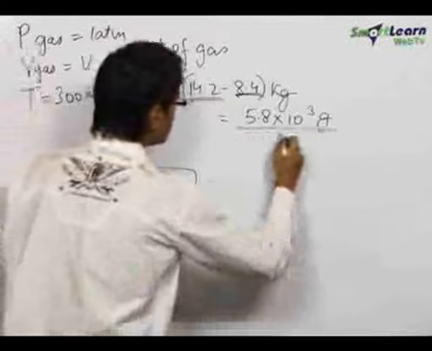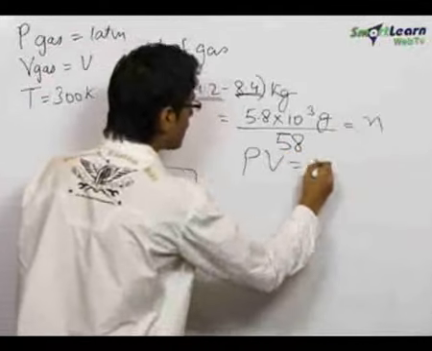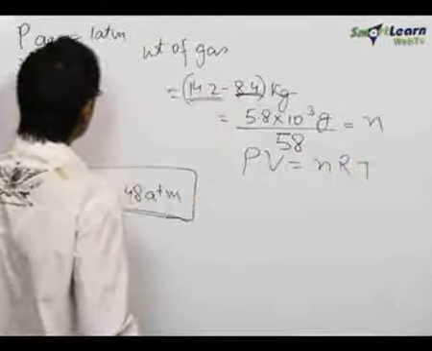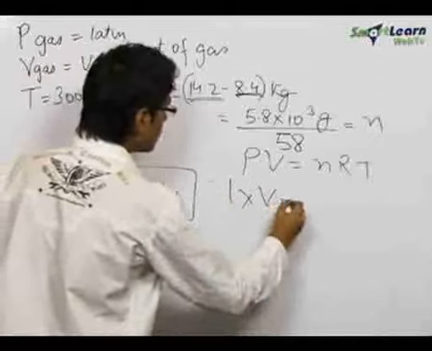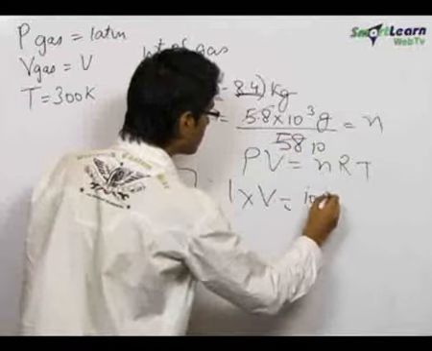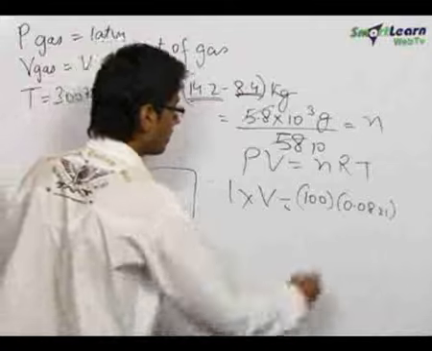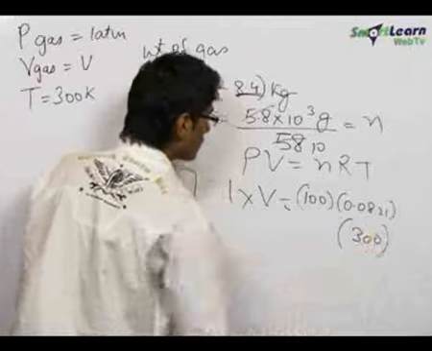On dividing it by 58, we get the number of moles. So using PV is equal to nRT again for the leaking gas, we have 1 into V is equal to 100 into 0.0821 into 300.